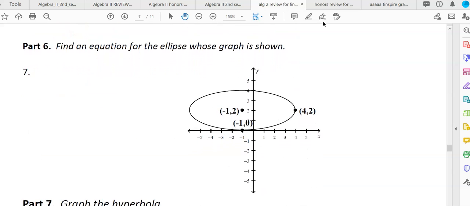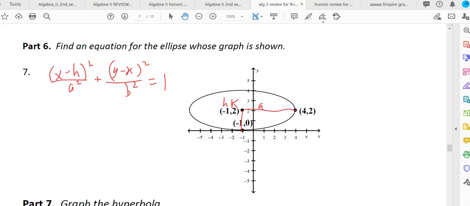So the formula for this one, it's a horizontal ellipse. So the formula would be (x minus h) squared over a squared, because it's horizontal, plus (y minus k) squared over b squared equals 1. And h and k are those two values. It looks like the a value here is, let's see, from -1 to 4, so that's 5.